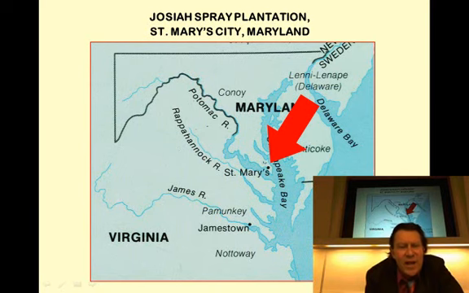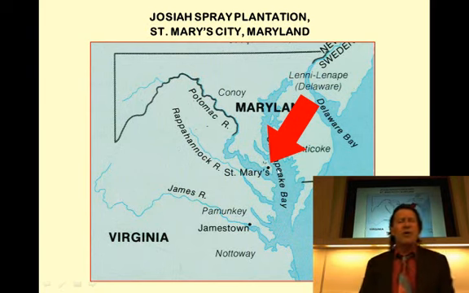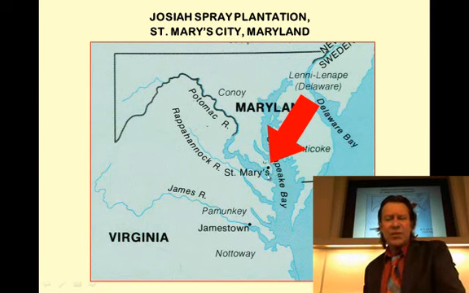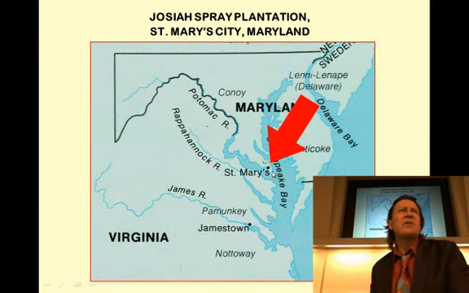Obviously, the terrain where all this stuff took place is still there. Maryland is an odd-shaped state based on its colonial charter, carved out of this land here. It grew up around the Chesapeake Bay, and its earliest cities are right down there, on that little peninsula sticking way out in the Chesapeake Bay. St. Mary's City is one of the oldest cities in the United States, in the heart of old Maryland.